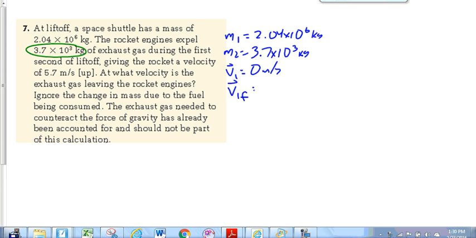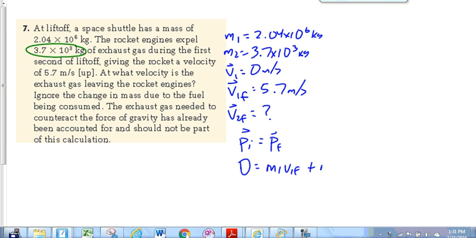V1F is going to be 5.7 meters per second, and we're looking for V2F, the velocity of the gas. So we're going to say PI equals PF. We're going to say the initial momentum is 0. You could say MVI, but since VI is 0, I'll just put the 0 term in there right away. The initial momentum is 0 equals M1 V1F plus M2 V2F.